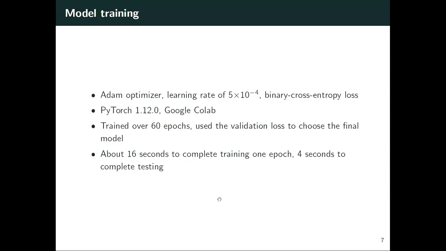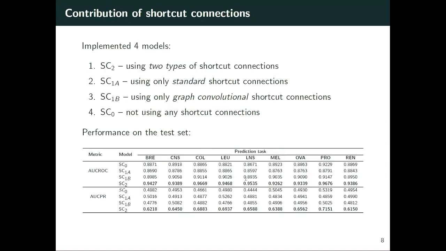Here we have some information about the training process. We use PyTorch and Google Colab, train the model over 16 epochs, and use loss on the validation set to choose the model. Training each epoch took about 60 seconds, and testing took only 4 seconds.